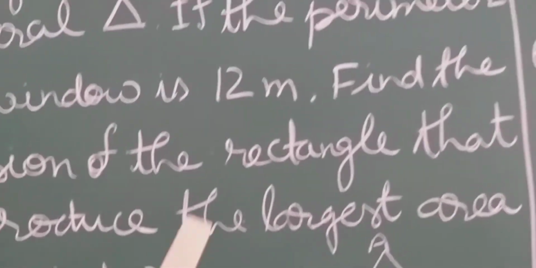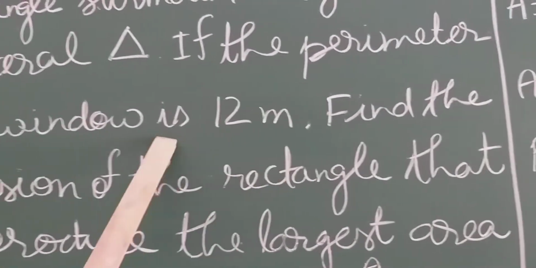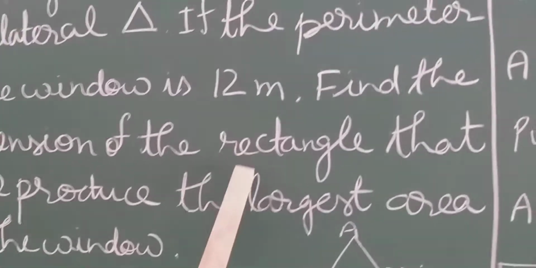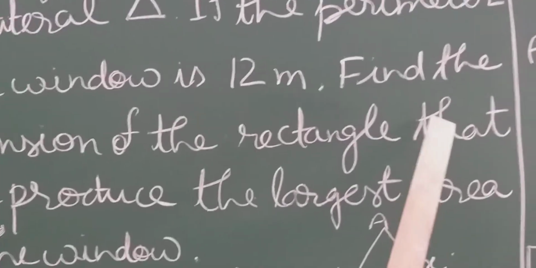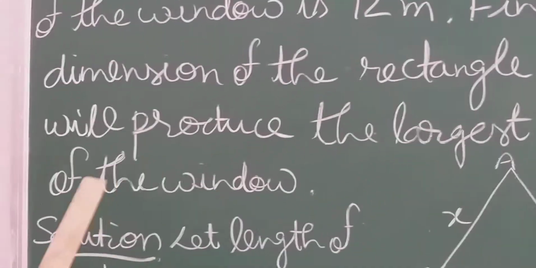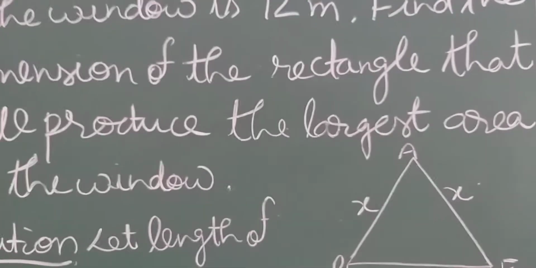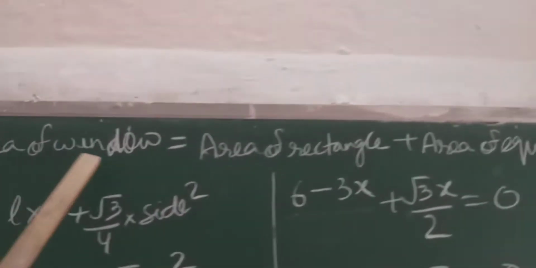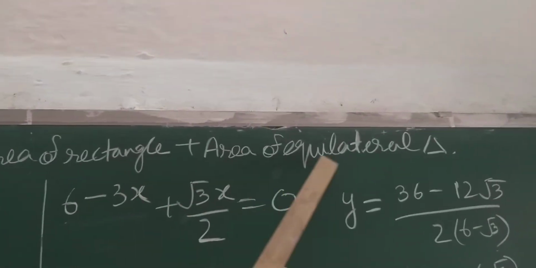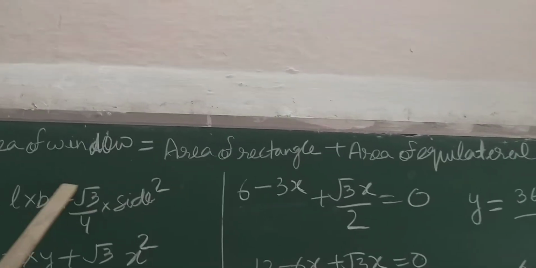Now students, we have used the given part. Perimeter we have used here. Now we have to find out area, because we have to maximize area of the window. Largest area of the window means we have to maximize the area of the window. So area of the window equals to area of rectangle plus area of equilateral triangle.